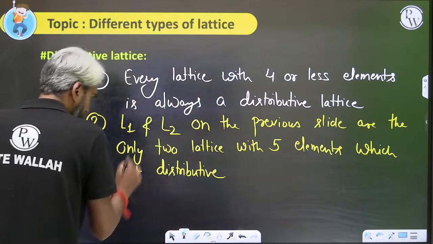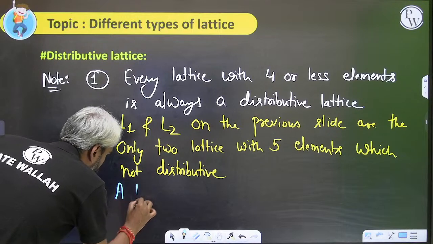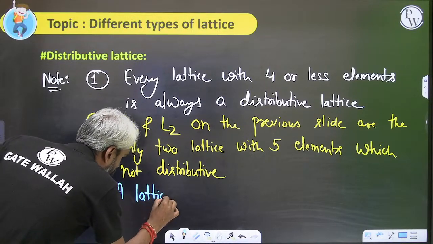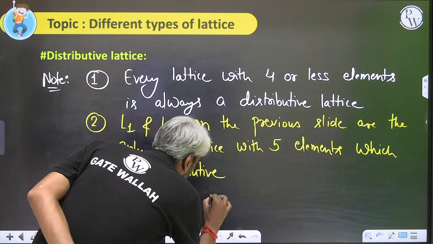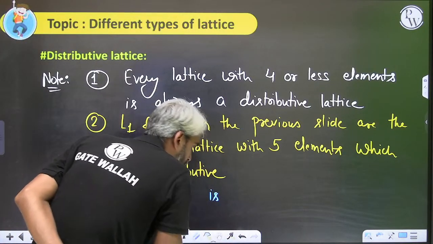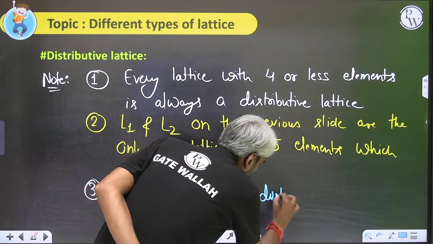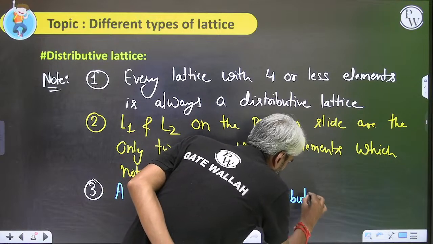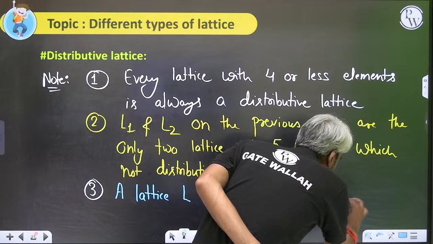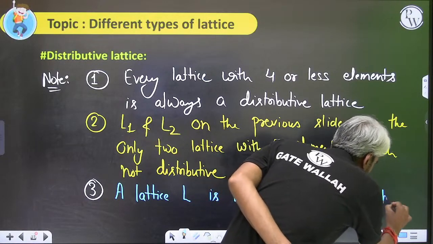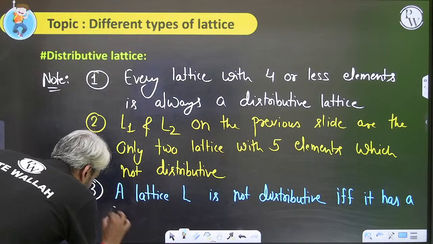Now I'm going to write an important thing. A lattice L is not distributive if and only if it has a sublattice isomorphic to L1 or L2, the lattices on the previous slide.